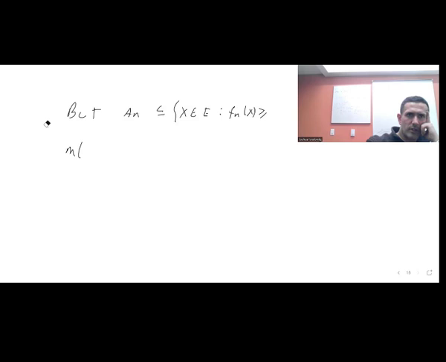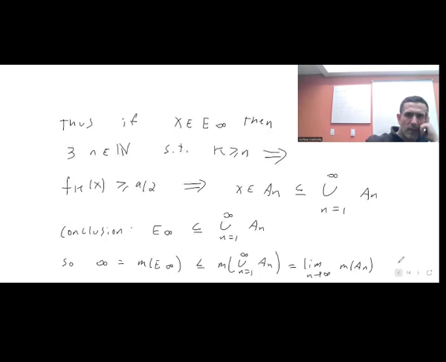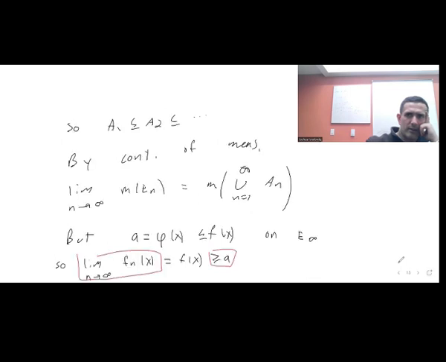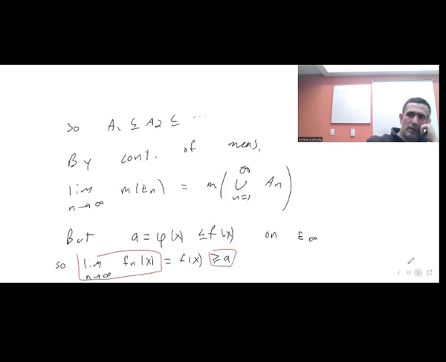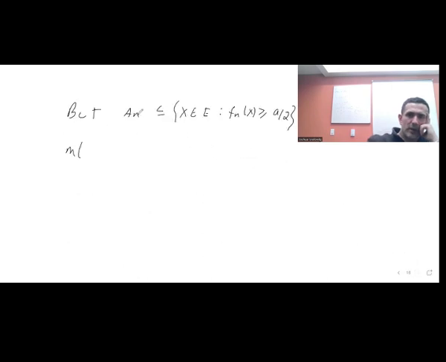It's pretty obvious. So if x is in A_n, where's the definition? If x is in A_n, then this is true for all k bigger or equal to n. In particular, it's true for n. So if x is in A_n, then f_n(x) is bigger or equal to a over 2.